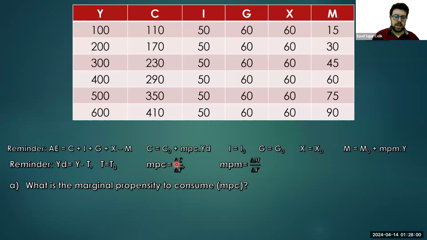What is the formula? Delta C divided by delta Y. Delta means change. What is the change of C? 60. What is the change of Y? 100.